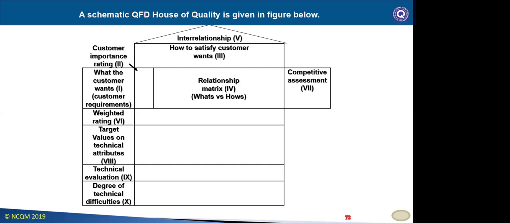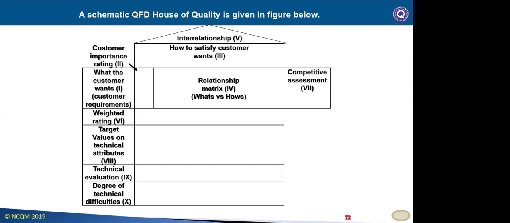So when we get the priority weighted rating for each of these customers, how are we going to do that? Then, that particular way in which we are going to meet the requirements, are they technically feasible? On that parameter, what is the competitor performing?